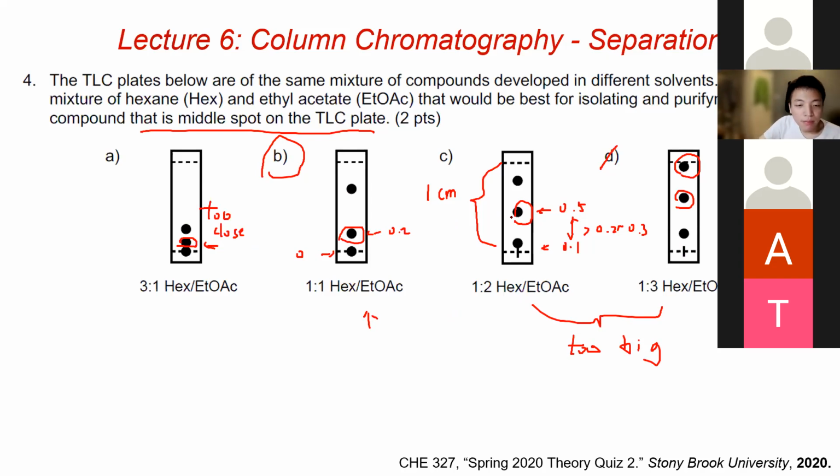Also, did you say on D the problem was it stayed at the top? Yeah, right. It's way too far up. Usually we want a plate where the highest RF value should be around 0.7. That's the highest. Or maybe somewhere lower, like 0.5 or 0.6.